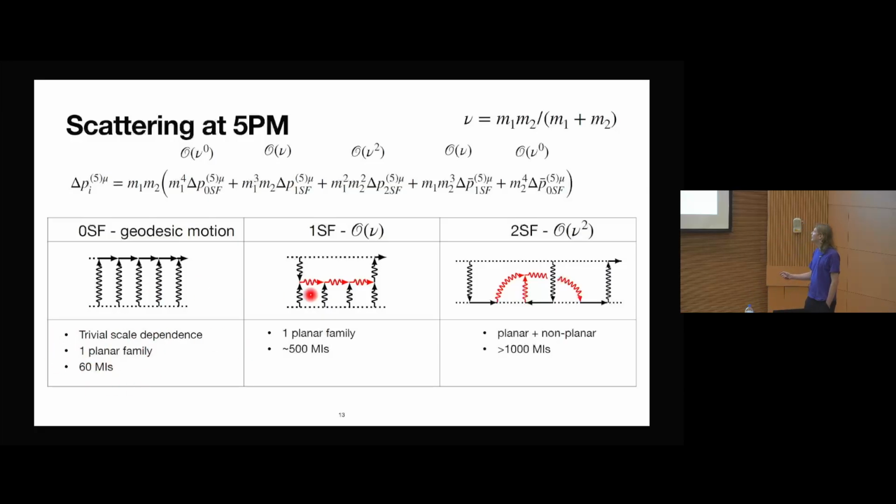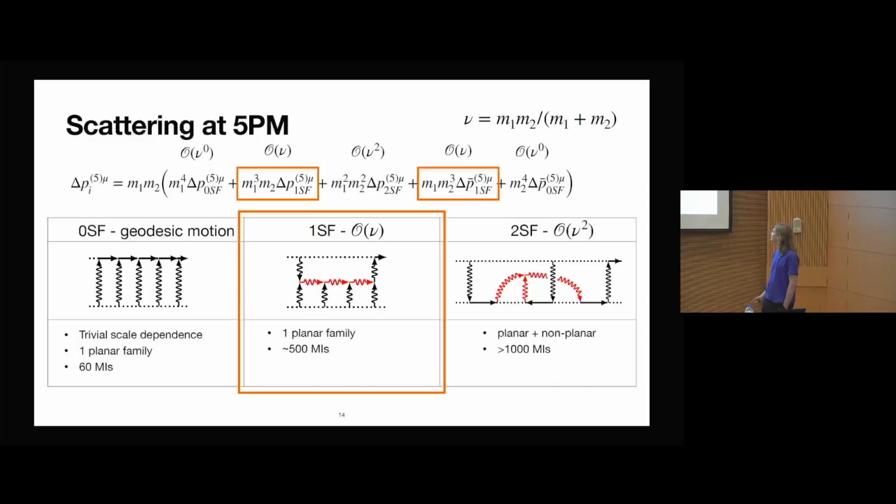If we now look at 1SF, we still have only planar families, but looking at the number of master integrals, we already see a big jump in complexity, and we will get very complicated functions, which I will talk more about later. And then additionally at 2SF, we see again a big jump in the number of master integrals, and additionally we also get non-planar integrals. So for now, let's just look at this 1SF contribution.